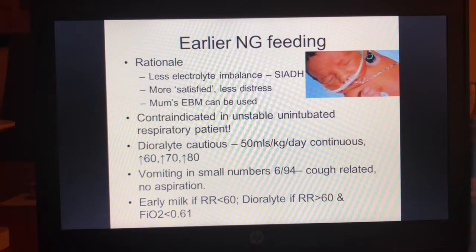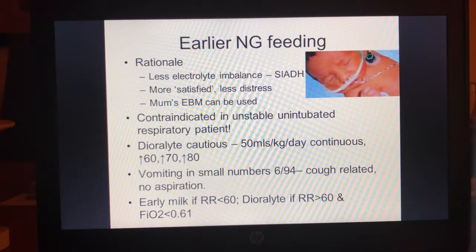The rationale for this was that it's easy to cause electrolyte imbalance by giving intravenous fluids, particularly with bronchiolitis, where a proportion of infants have inappropriately high ADH levels, which then cause them to retain water, which then leads to hyponatremia, and hyponatremia can be extremely dangerous and cause brain damage.